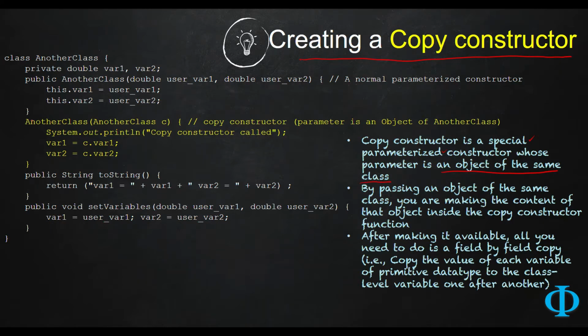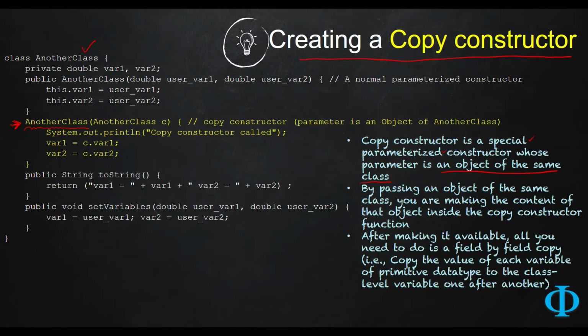So here is the copy constructor of the class named another class. Since a copy constructor is also a constructor, its name is the same as that of the class, that is another class.